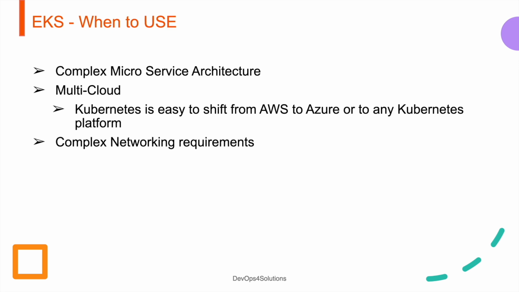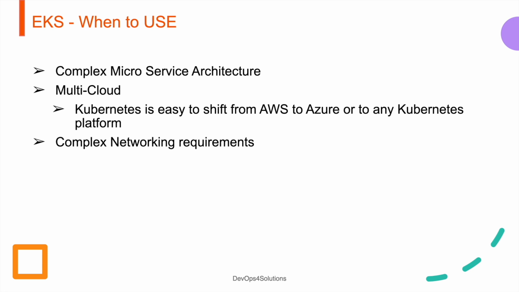When to use EKS? EKS is used when you have complex microservice architectures. You need multi-cloud or hybrid. Kubernetes is easy to shift from AWS to Azure or to any Kubernetes platform. Because it's Kubernetes, it is not using anything AWS specific like ECS. You cannot just migrate ECS to Azure today.